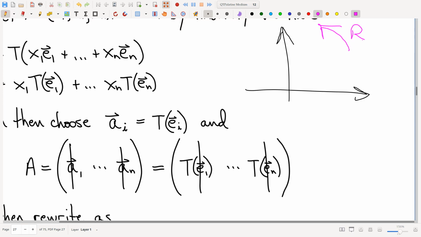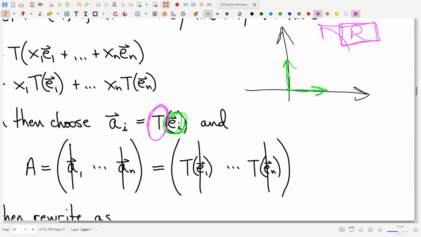Third observation to make is not only is it a matrix, but it's a matrix where I know what the columns are. All you gotta do is take the standard basis vectors, e1 and e2, in this case, because we're in 2 dimensions. You take those standard basis vectors and do whatever the linear transformation is. In this case, it's a rotation, so just rotate them by the appropriate angle.